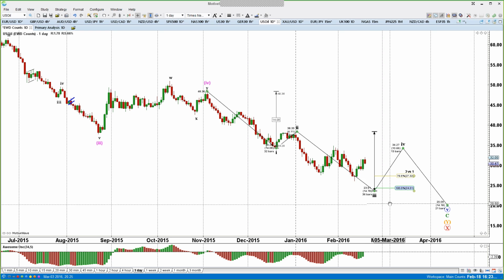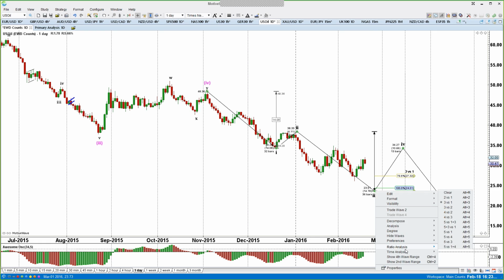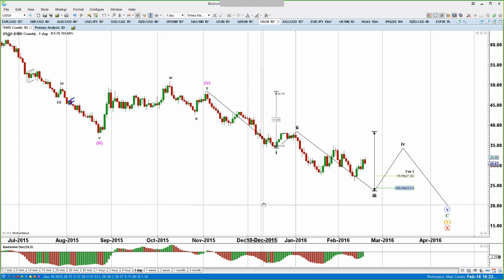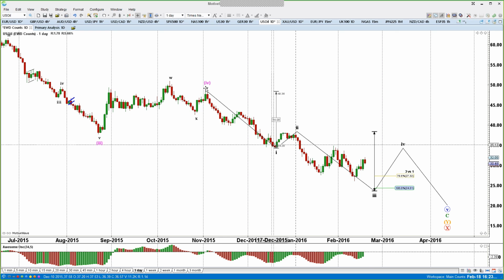Another way to get this Fibo is by making a right click on the degree and then go to ratio analysis, and you choose 3 versus 1. So as you can see, the shortcut is Alt 3. Okay, so that target is the 24.31, our target for the wave 3. The wave 3 needs to reach at least the 100% of the wave 1.